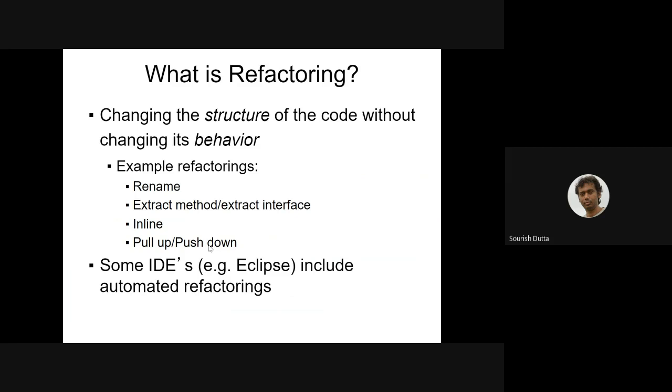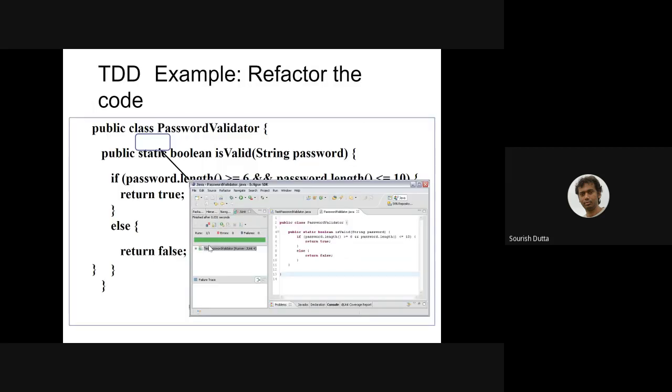Any IDE, our IntelliJ also, gives us support for refactoring. We have rename, etc. that you can do from the refactor menu. After refactoring, what happened is this has been changed into static, your code behavior doesn't change, and your test cases do get passed now.